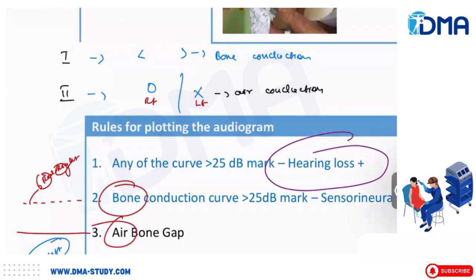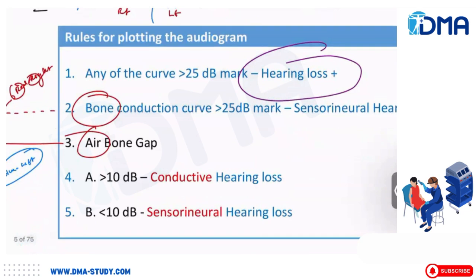Now we have to apply all the thumb rules in any audiogram graph you see. The rule number 1, whether you are having hearing loss or not. If I take an audiogram for you, you will not be having any hearing loss, which states that if you are having less than 25 decibel curves, it is normal. If you are having more than 25 decibel curves, any curves, whether it is air conduction or bone conduction, you will be having hearing loss.